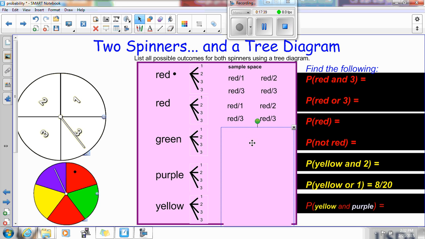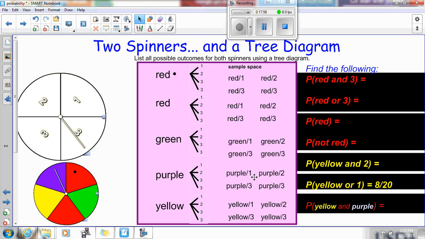The third set of combinations are green: green 1, green 2, green 3, green 3. And the same with all of them: purple 1, 2, 3, 3, and yellow 1, 2, 3, and 3. So these are all the different possibilities, all the possible outcomes.